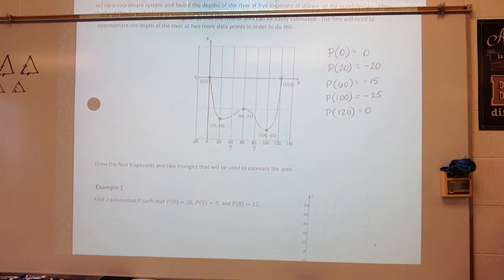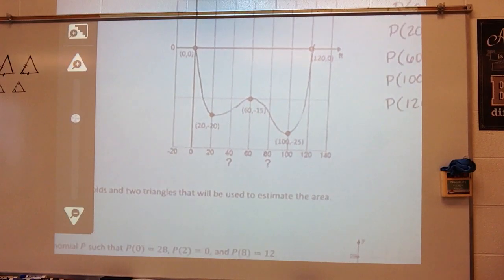So it says draw the 4 trapezoids and 2 triangles that will be used to estimate the area. Okay, so guys, look at this. Now it's just a matter of visualizing. First of all, what's a trapezoid?